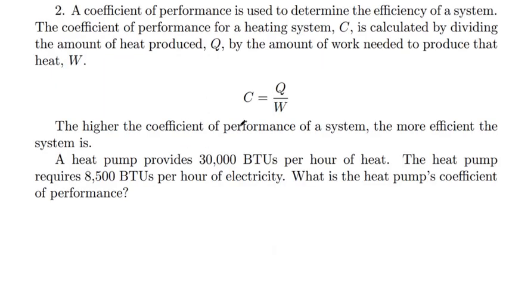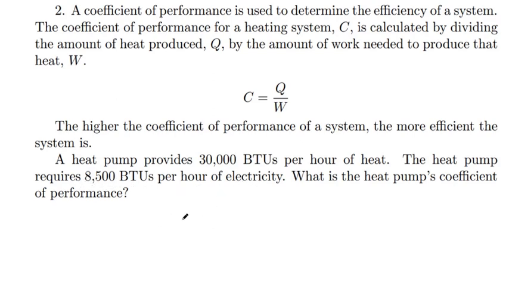This problem gives us a formula to help us calculate the coefficient of performance of a system. And they say Q is the amount of heat produced and W is the amount of work it takes to produce that heat. So this system is 30,000 BTUs per hour of heat, and then it requires 8,500 BTUs per hour of electricity.